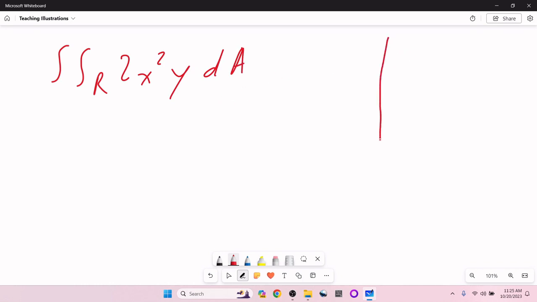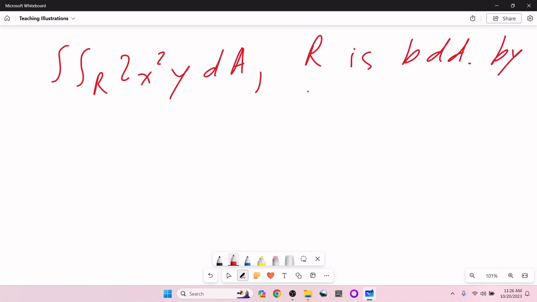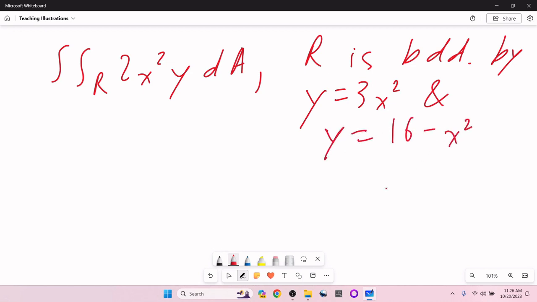So, let's say we want to integrate 2x squared y dA over the region R. R is bounded by y equals 3x squared and y equals 16 minus x squared.